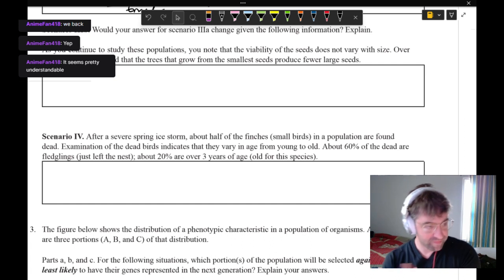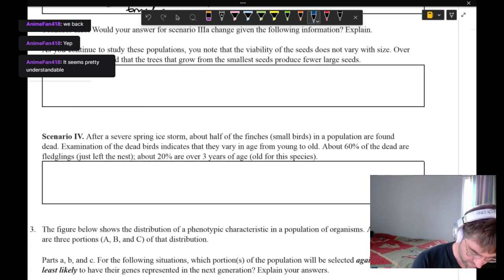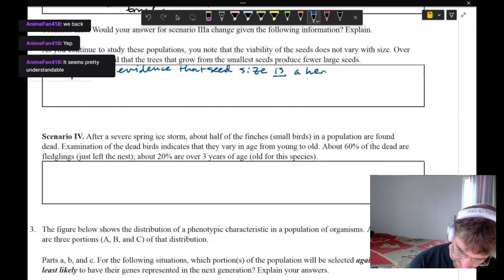So this provides evidence that seed size is a heritable trait.